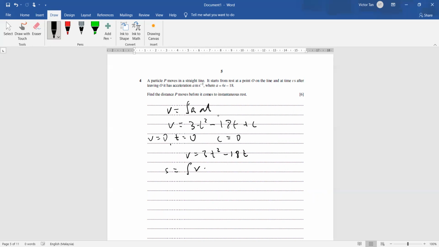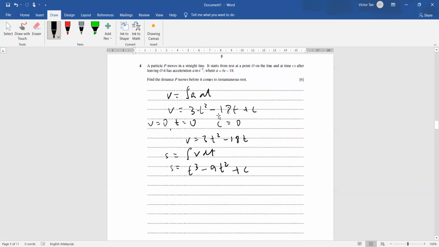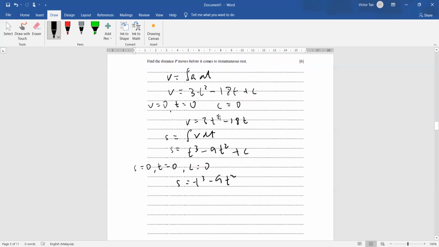S is the integral of V dt, which equals t cubed minus 9t squared plus C. When t is 0, S is 0, so C is 0. So S is t cubed minus 9t squared. Now when it comes to instantaneous rest, V equals 0.